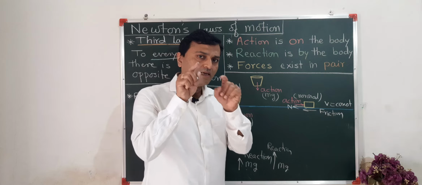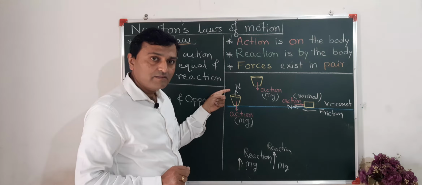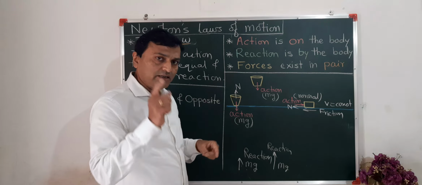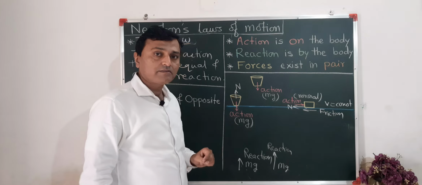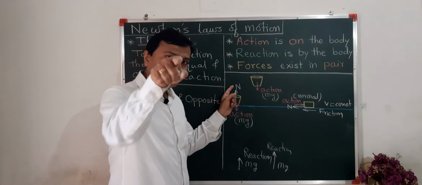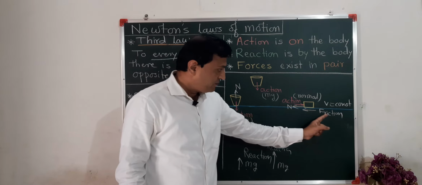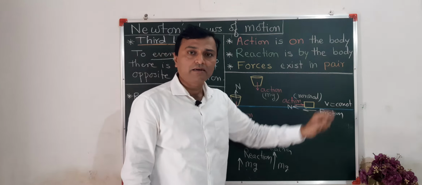Now there is one problem. What about this n? This is upward direction. There should be in downward direction any reaction if it is treated as action. If it is a normal reaction, then there should be normal action. If it is friction, forces exist in pair.